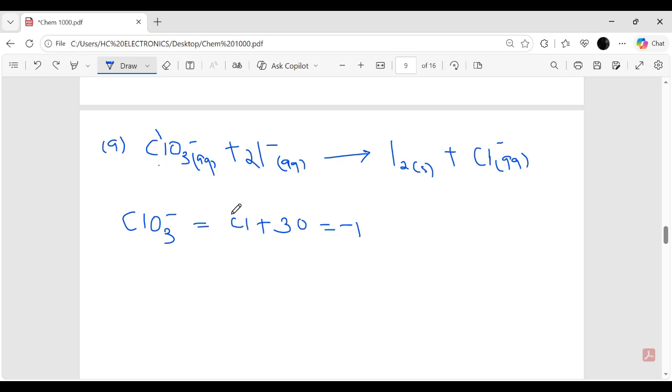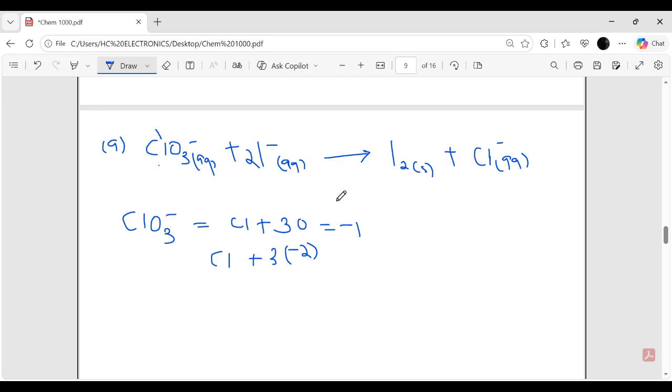For oxygen, as long as it is just oxygen and not a peroxide, we already know what it is. It is -2. These are the fixed ones. So it's 3 times -2 for oxygen, then the chlorine will come back because we are finding it for chlorine here.